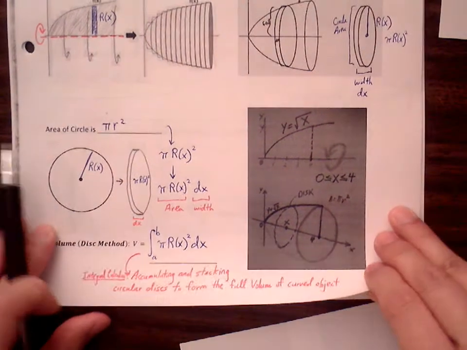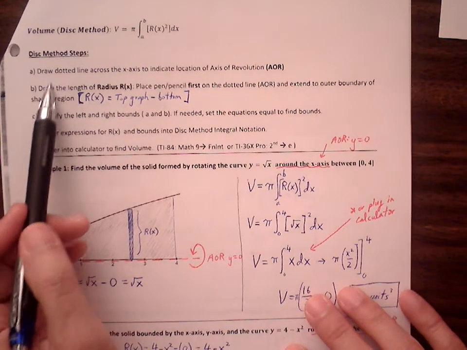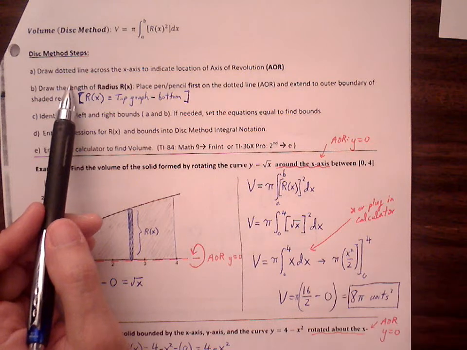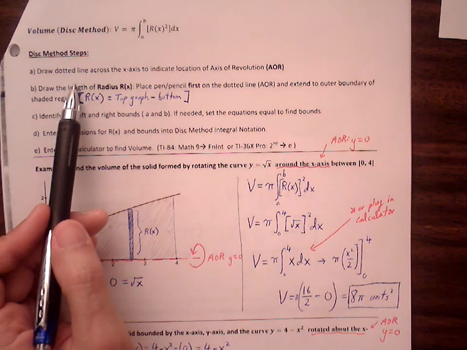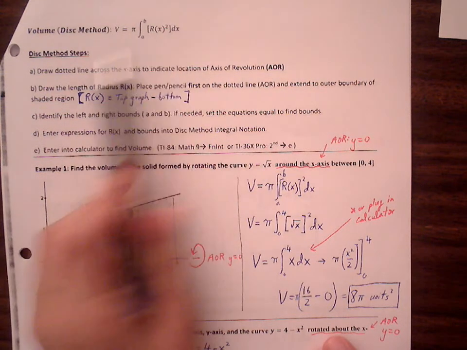Okay, so let's look at one or two examples on the next page here. So the steps that we're going to do, we're not going to have to draw these objects. We just have to be able to identify the parts that will form the formula, or the values that we need to plug into the formula.